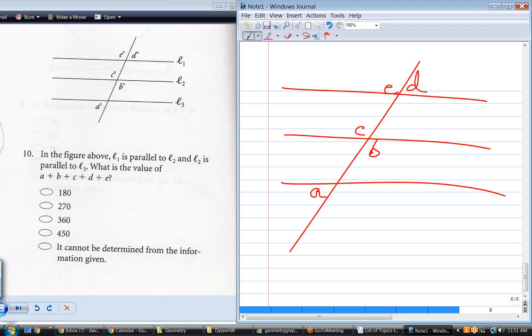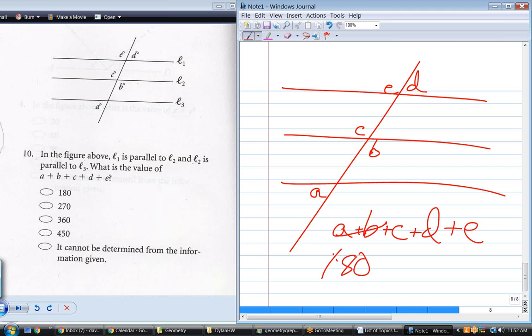Okay, so now to figure out the answer to the question, A plus B plus C plus D plus E, let's write it. A plus B plus C plus D plus E. What's A plus B equal to? You just told me, A plus B is equal to 180.